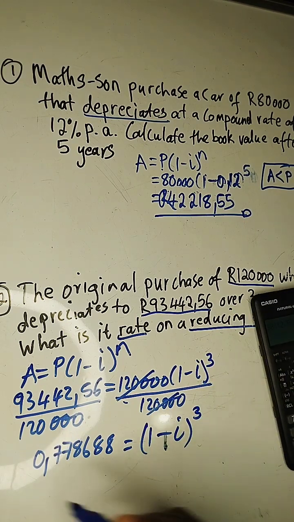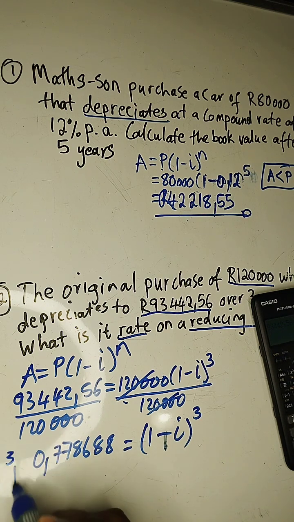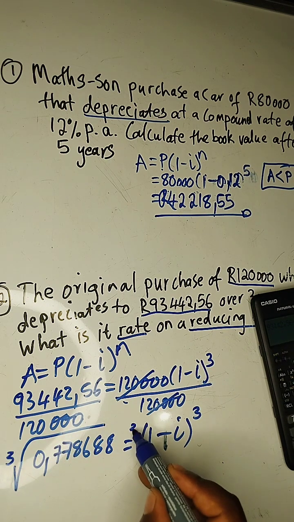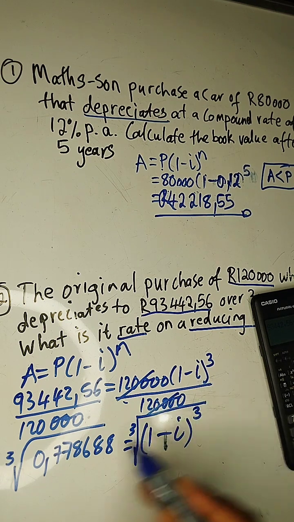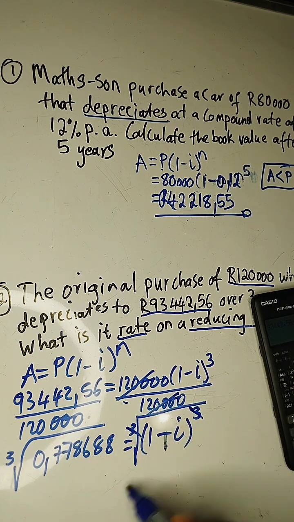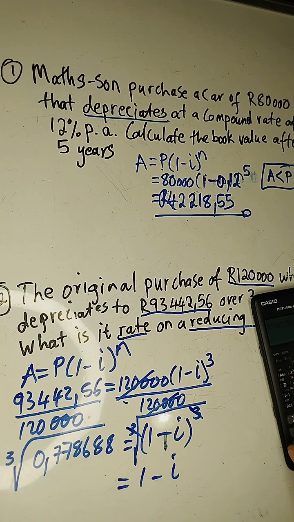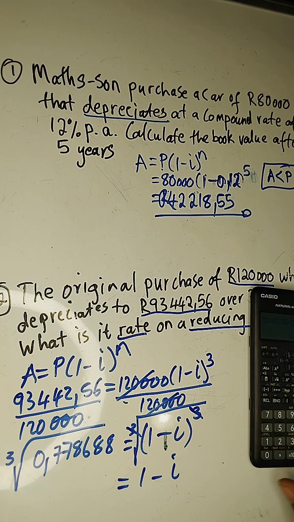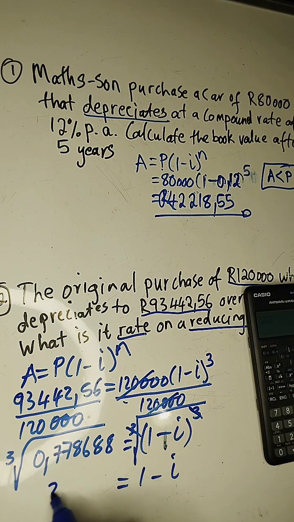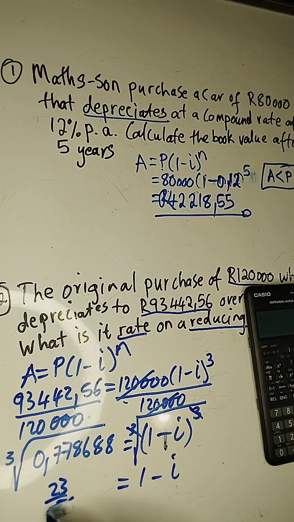To remove that 3, I'll write a cube root. This cube root will go with this 3. I'll have 1 minus I. Then this side, I'll have shift cube root of the answer. So this will give me 23 over 25.